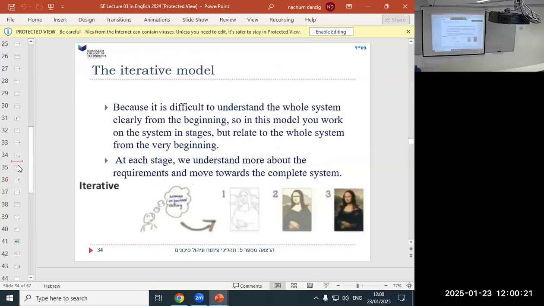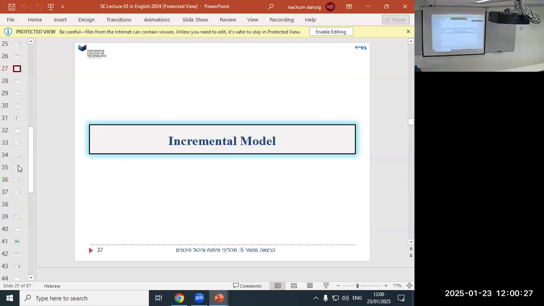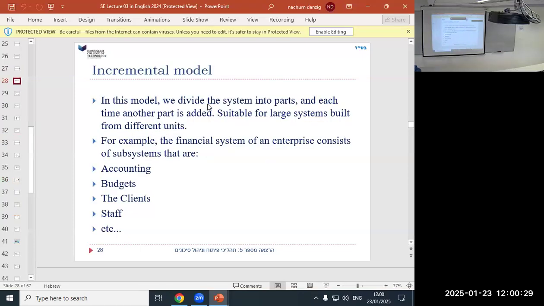Well, let's look at the definition, let's see what it says. Incremental: we divide the system into parts and each time another part is added. It doesn't say that we release it. You're thinking of agile, in agile we release it, but here it just says we add parts of the system as we go.